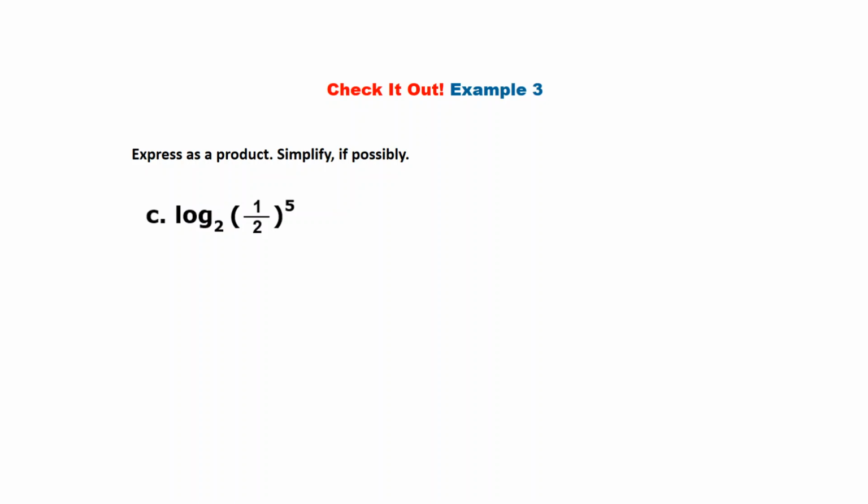Okay, so using our power product rule, we're going to take our exponent here and multiply it by our entire log. Next we need to just take this piece right here and set it equal to x. So 2 to the x power equals 1/2.